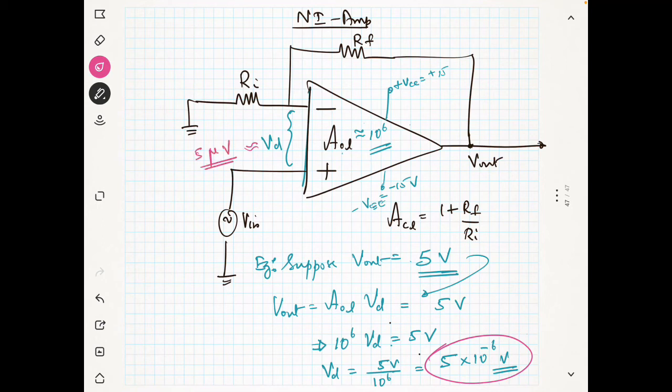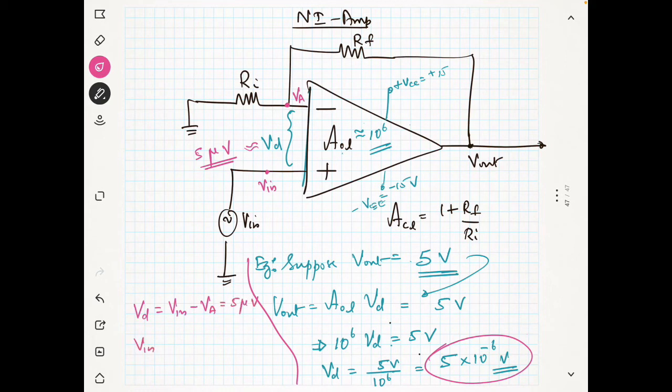And what is my VD? You know that this potential is V in and there is some potential here. Let's say this is VA. My VD can be written as V in minus VA, and this number is 5 microvolt.